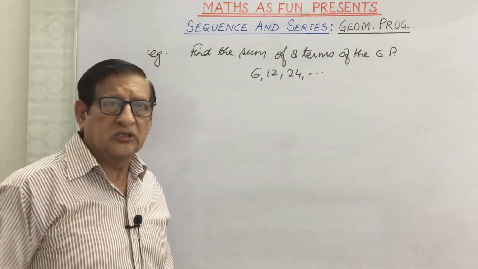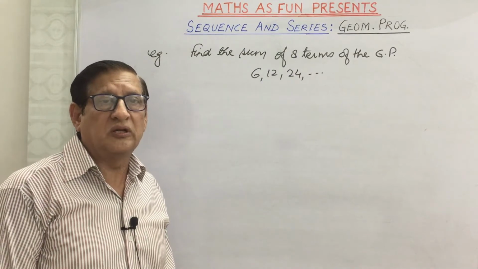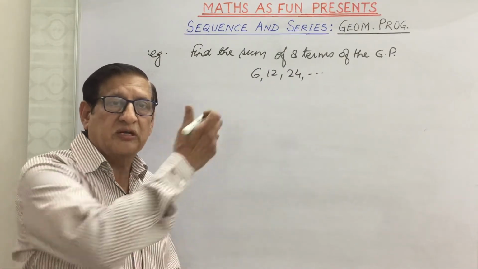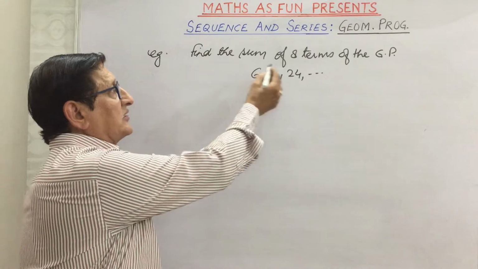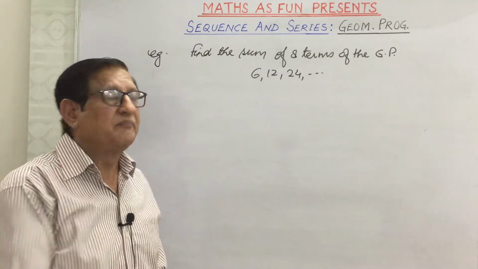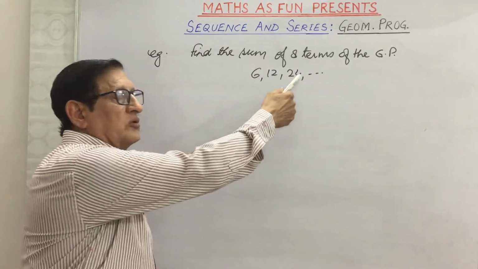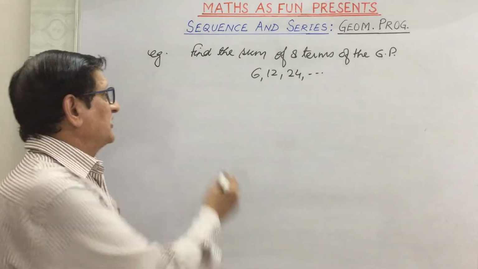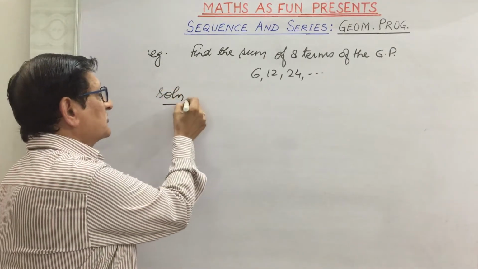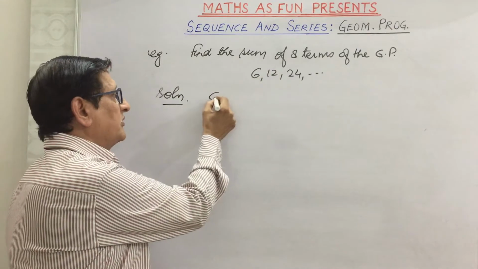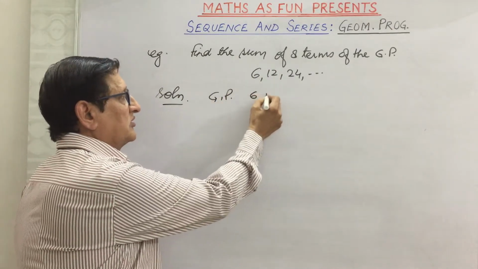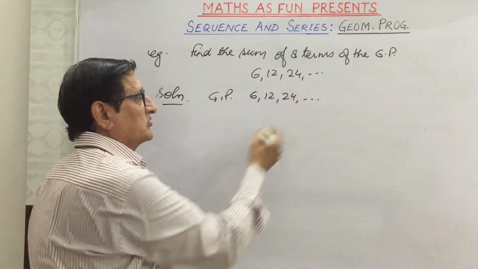To understand the application of the formula of sum of n terms, we take one example, that is find the sum of 8 terms of the GP 6, 12, 24 and so on. To find the solution, first we write the GP which is given to us, that is 6, 12, 24 and so on.